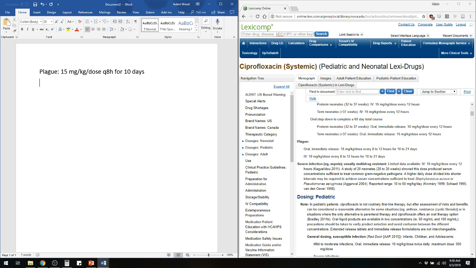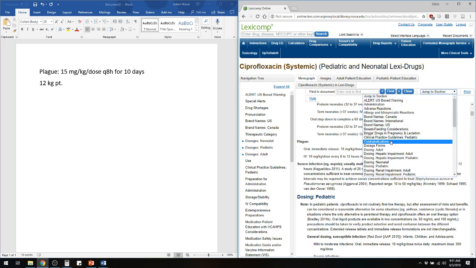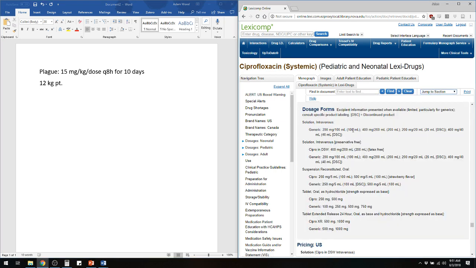Okay, let's say we're working with a 12 kilogram patient. And then what else do I need to know? How the drug comes, right? So we want the dosage form itself. We're going to go down to dosage forms, and notice we have multiple solutions available.